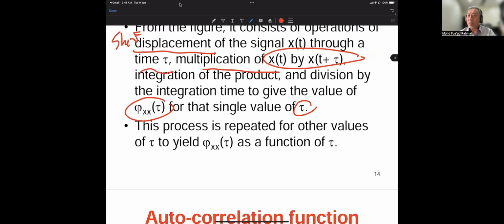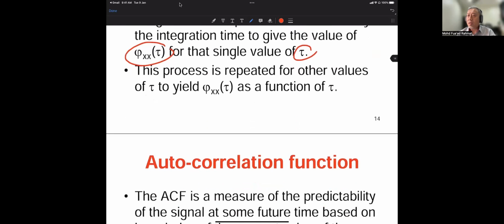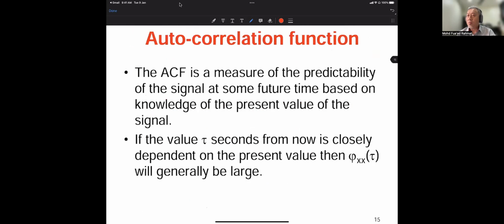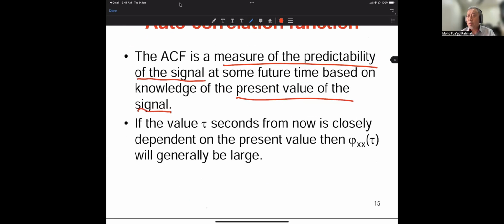This is repeated until a large value of tau. So it is a measure of the predictability of the signal at some future time based on knowledge of the present value of the signal. That is the concept of ACF.